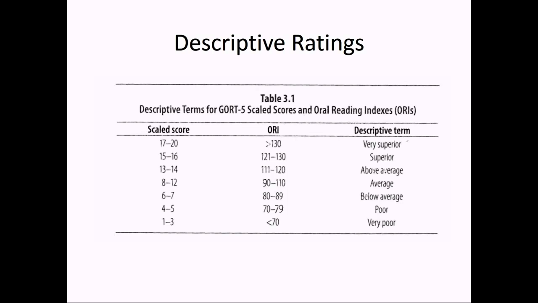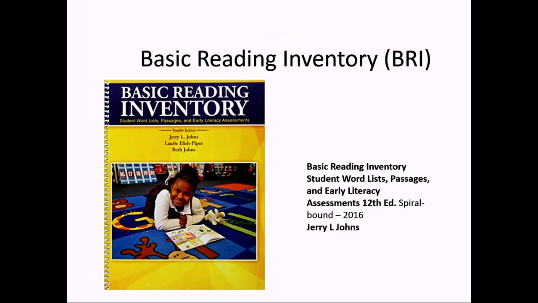So if I get a scale score from 8 to 12, that's going to be average, 13 or 14 above average, 6 to 7 below average, etc. These help people understand how to interpret these scores, whereas the scores themselves are a little confusing for people that are not familiar with the normal curve and standard scores.